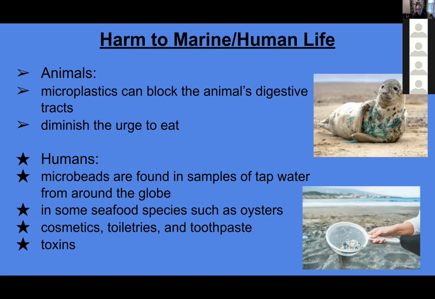Through water filtration systems, plastics all find their way from the ocean to your home. For humans, we can find microbeads in body washes, toothpaste, and other hygienic products consumed by humans that can potentially cause harm to the body. There are particles of microplastic also found in tap water and seafood, obviously, that humans eat.